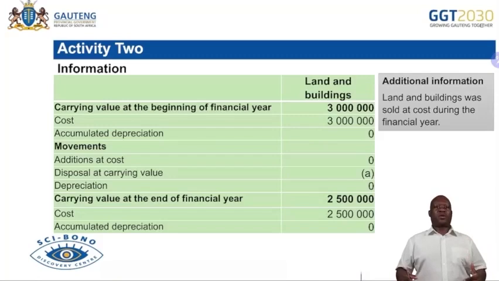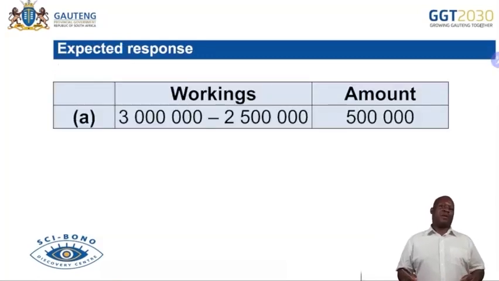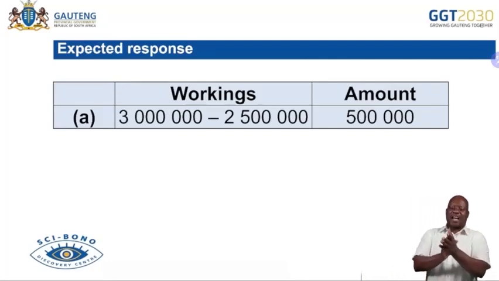If we started with a cost of 3 million and now it is 2.5 million, how much have been lost? How much have been the disposal? Simple. 3 million minus the 2.5 million gives us 500,000. I've seen it. You got it right. Thank you so much, guys.